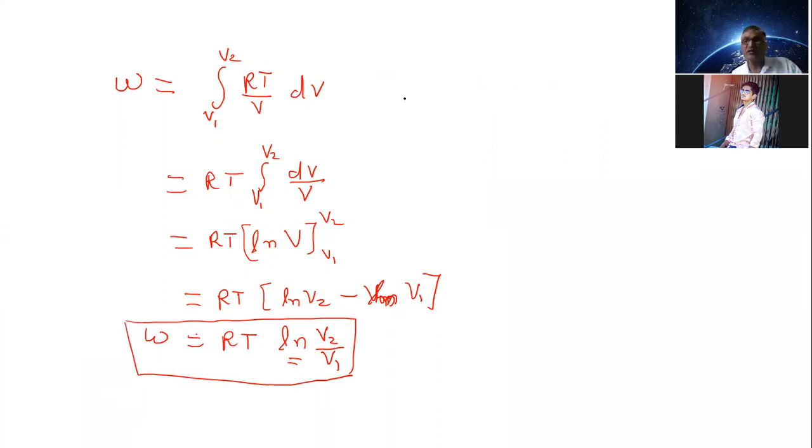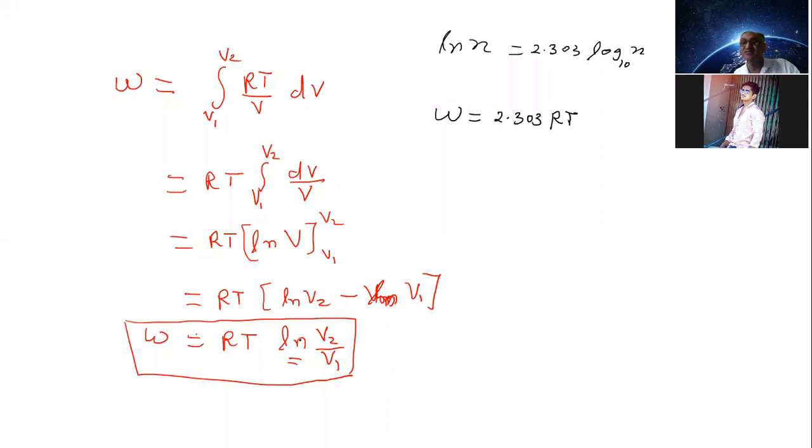And therefore we can have the conversion. तुम्हाला माहिती आहे log of x to the base e is equal to 2.303 log of x to the base 10. Therefore, we can write here the final relation. 2.303 RT. याचं कन्वर्शन केलं आपण.